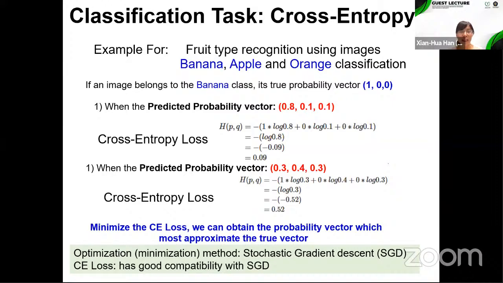So this is a very reasonable loss function for the classification task. In most existing deep learning networks, the loss function usually uses cross-entropy. This loss function also has good compatibility with the optimization method SGD.